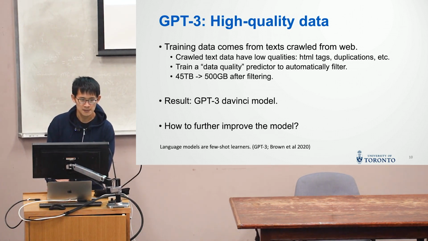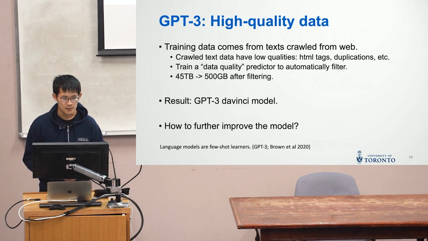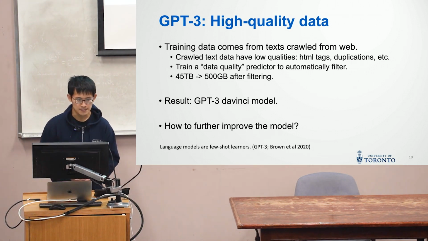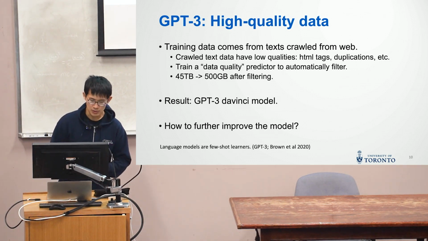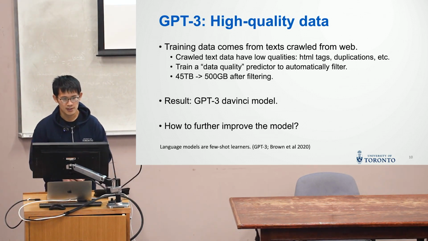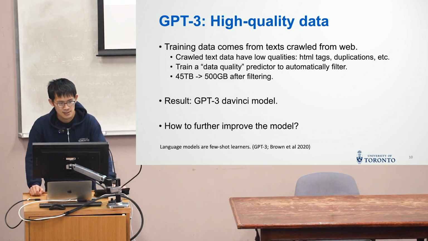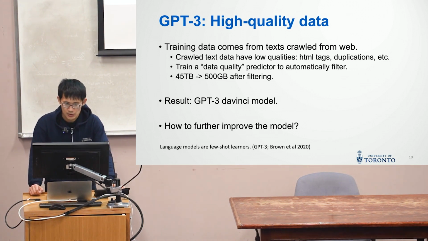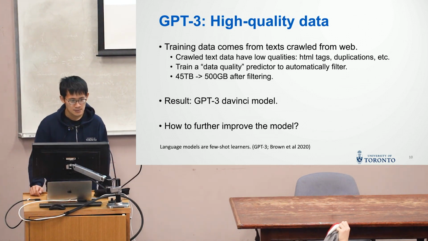One of the successes of GPT-3 is that it uses very high quality data. When we train language models, we can usually only collect text from the web, but internet data contains a lot of noise, like HTML text and duplications, and also some toxic language, for example, language from Reddit or even Fortune.